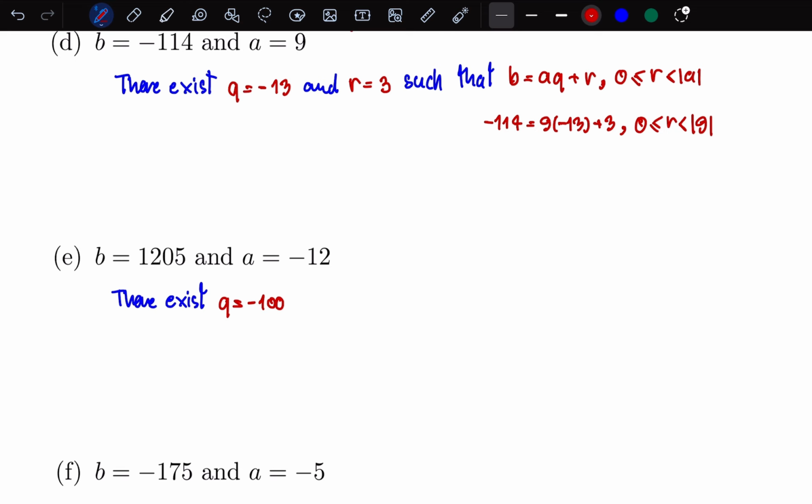It's not good enough. I think it is minus 100, this one. Okay, because 12 times 100 is going to be minus 1200. But if you multiply minus 12 by 101, so we're gonna have this figure.